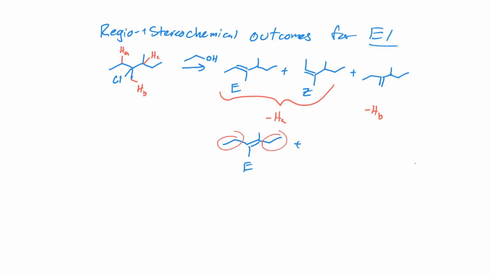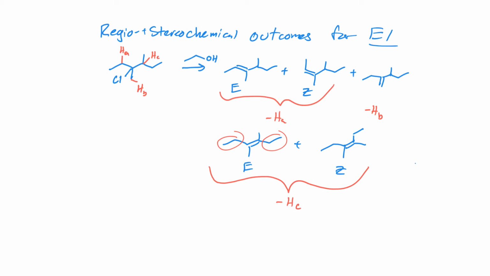And of course, I want to draw the Z version as well. To do that, I'm just going to swap groups on one of the carbons. It doesn't matter which one. In this case now, you can see that I've formed the Z version. And then let me label these minus HC.